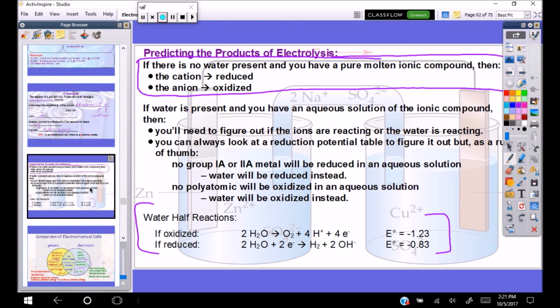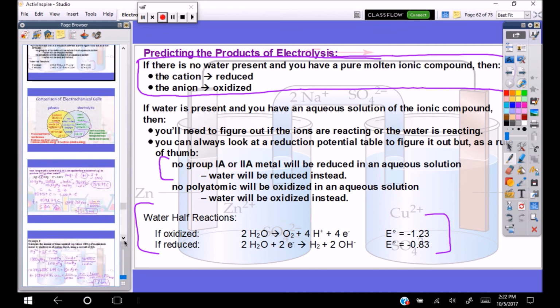If water is present, we have to figure out which is getting reduced and which is being oxidized. Looking at a rule of thumb, we have a lovely group 1 element here, potassium. Potassium will not be reduced in this reaction. We can assume that water will be reduced instead, but let's prove it with the numbers, okay?